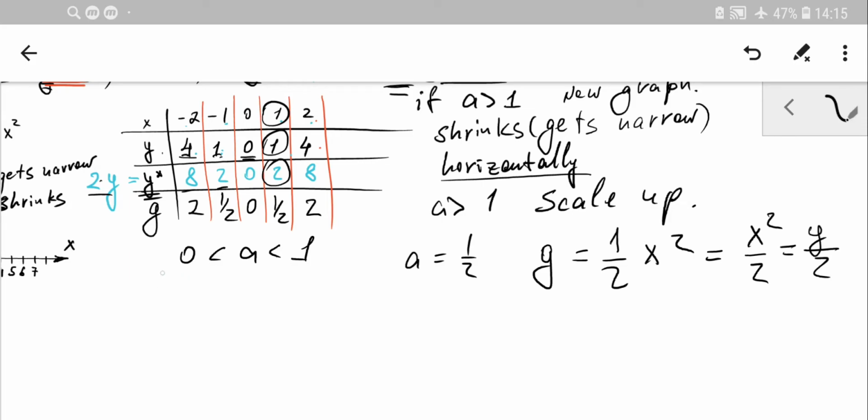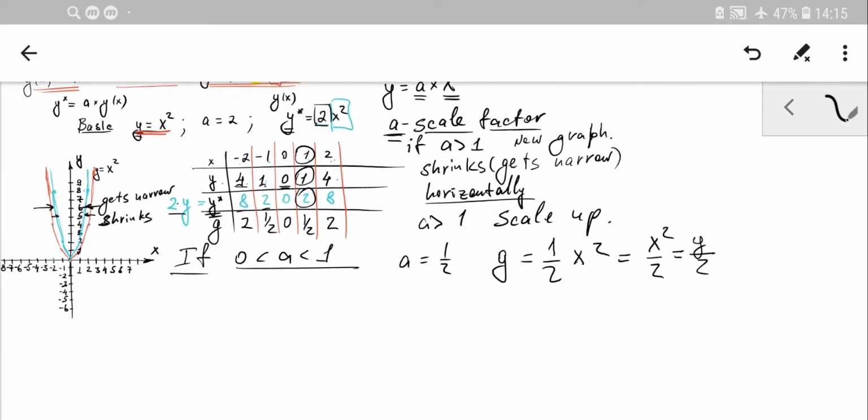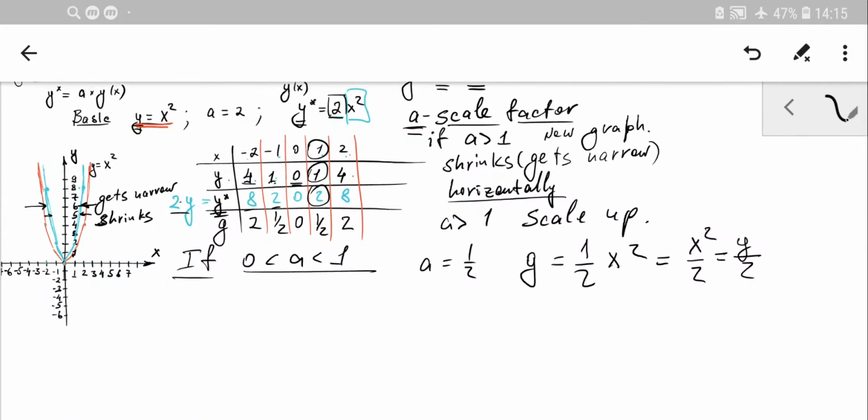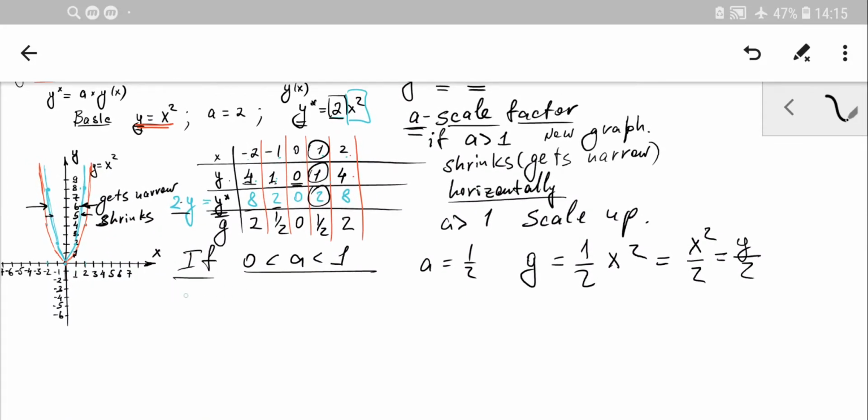That's why if your a is within the range 0 to 1, so no matter which fraction within this range, you have a scale down. So all the values for the new function become 2 times less in this case, because a is a fraction, 1 over 2.